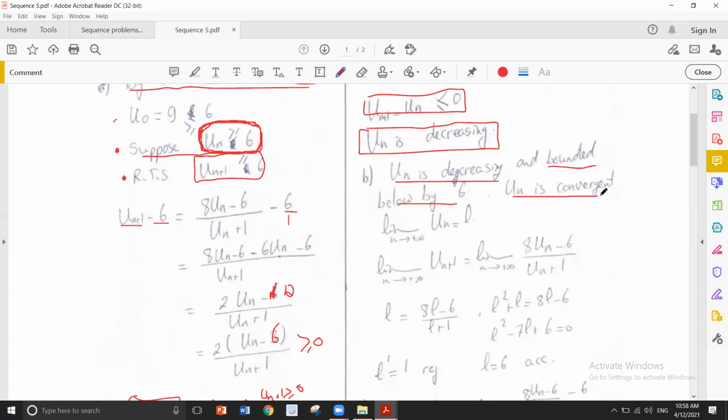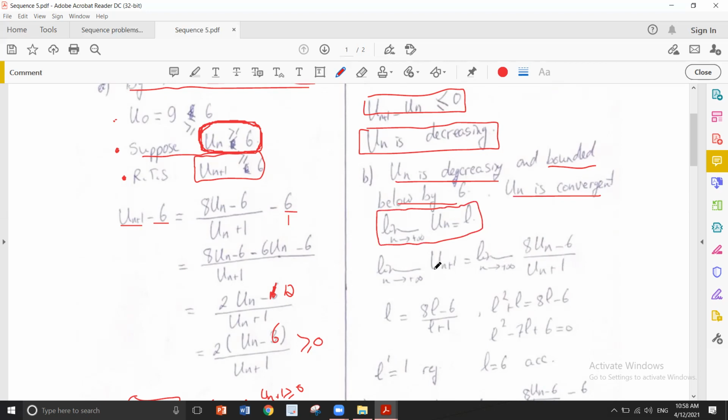Then un is convergent, the limit of un as n tends to plus infinity equals L. Let's find this L. We use this relation: the limit as n tends to plus infinity of un plus 1 equals the limit of 8un minus 6 over un plus 1.